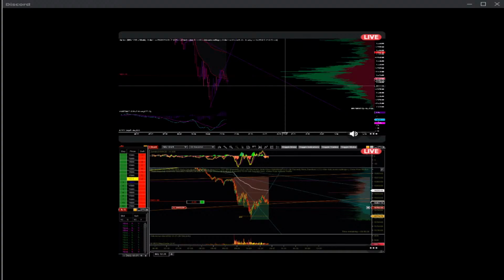There's not much volume making this POC move like this. It's interesting.